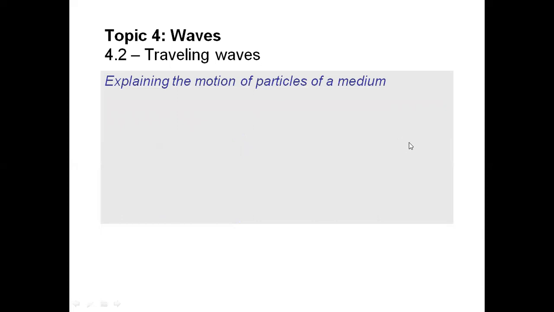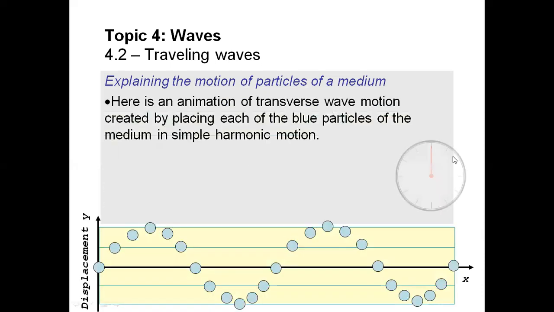Now, explaining the motion of particles of a medium. Here is an animation of transverse wave motion created by placing each of the blue particles of the medium in simple harmonic motion. Let's assume that we have a rope or spring, doesn't matter.